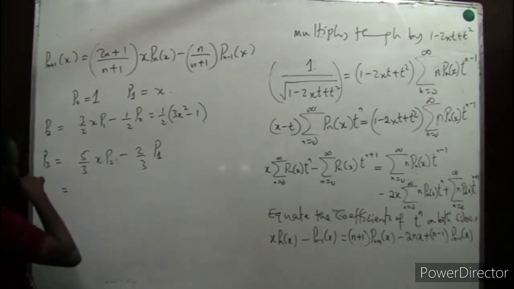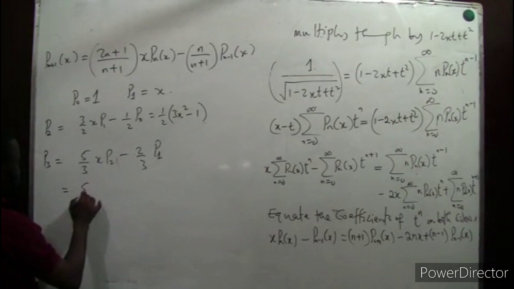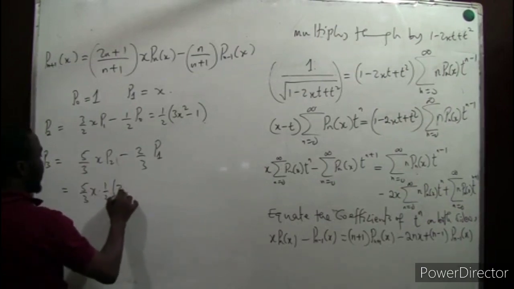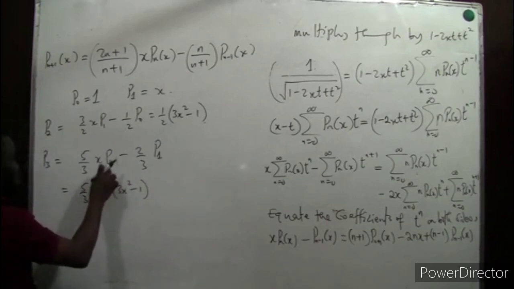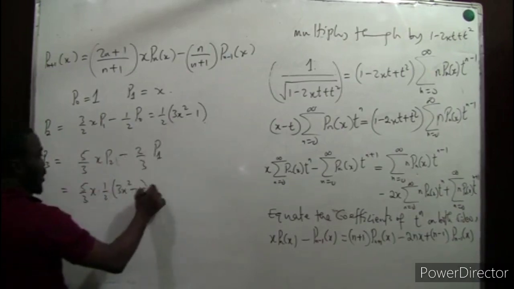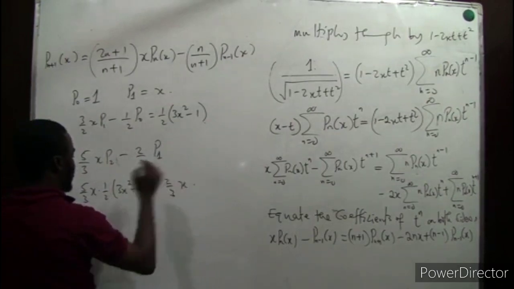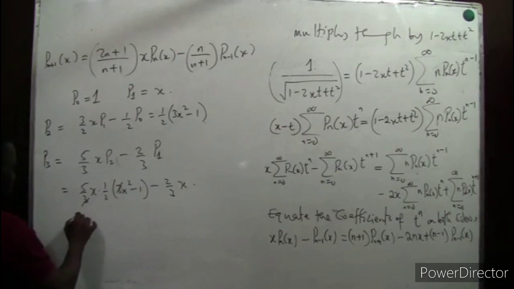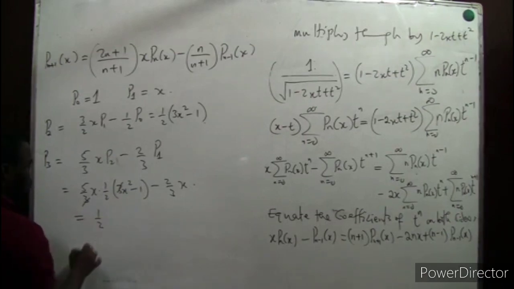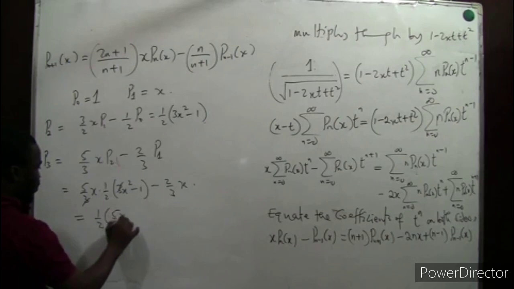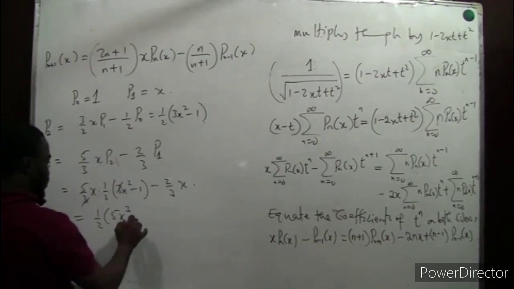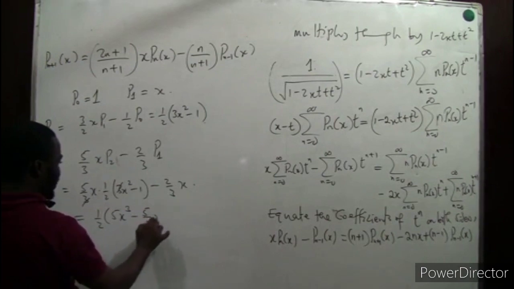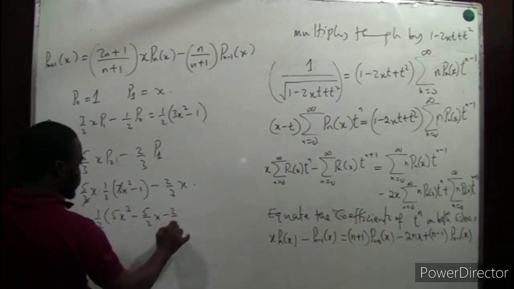Of course, 5 over 3 x multiplied by 1 over 2 into 3x squared minus 1, which is our P2 that we obtained here, minus 2 over 3 x. 3 cancels 3 here. What are we now left with? We are going to have 1 over 2 outside. We have 5x cubed minus 5 over 2 x minus 2 over 3 x.